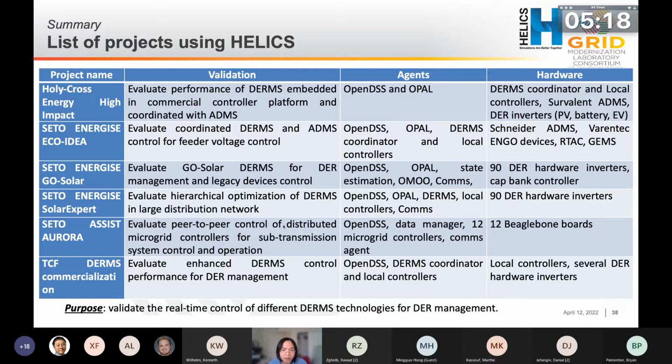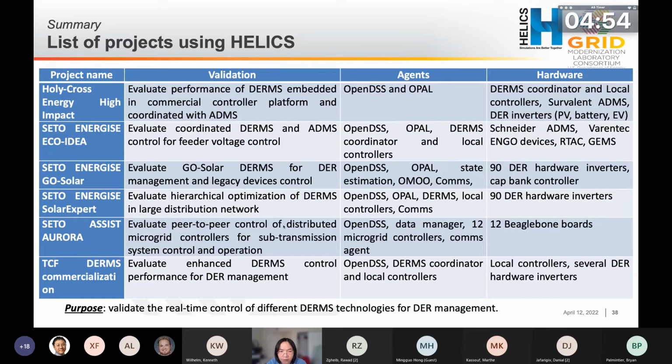So the DERMS is equivalent to the DERMS and the ADMS for these 3 projects. And as you can see, they are quite similar. And we actually have the DERMS control agent run in software, not in hardware. So you can see for agents, we have OpenDSS, OPAL-RT, DERMS correlator, and the load controllers. We have other communication agents as well.